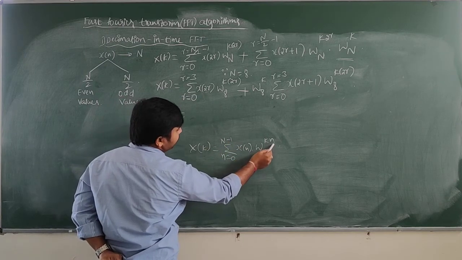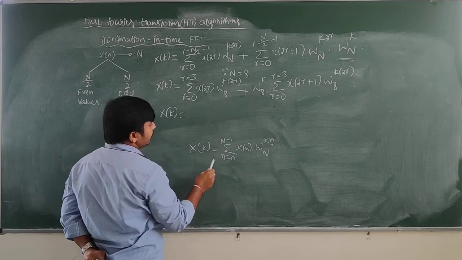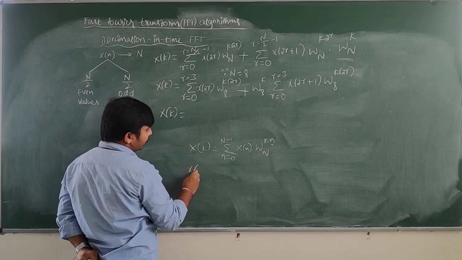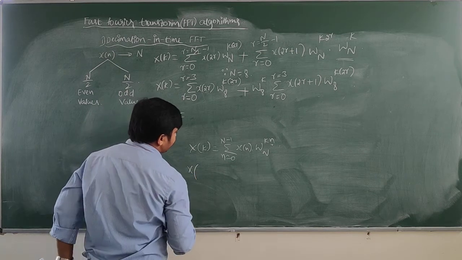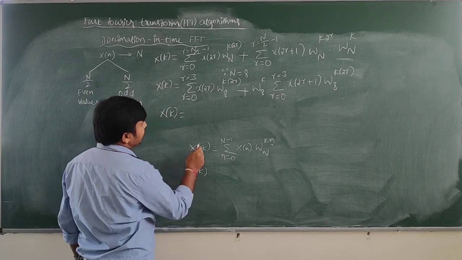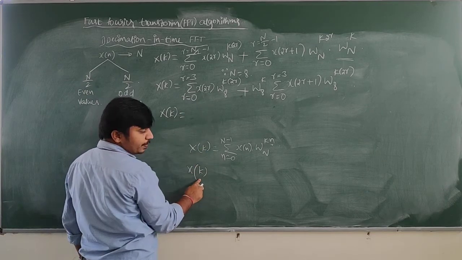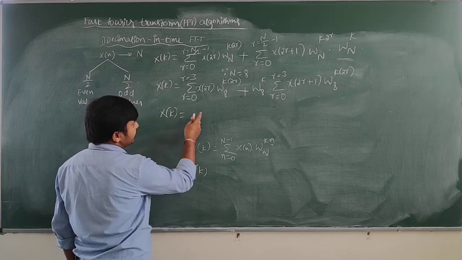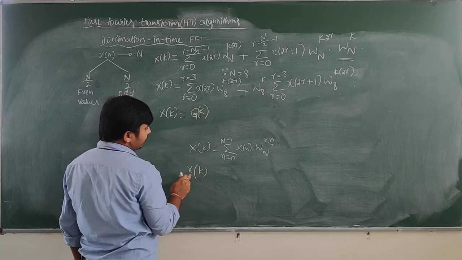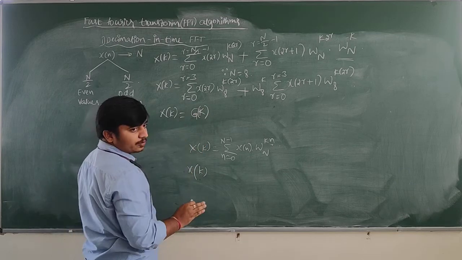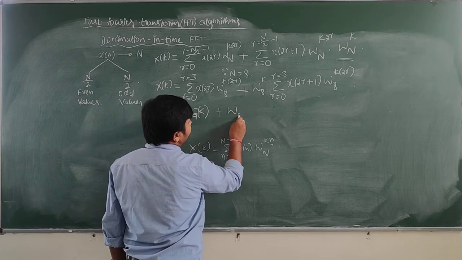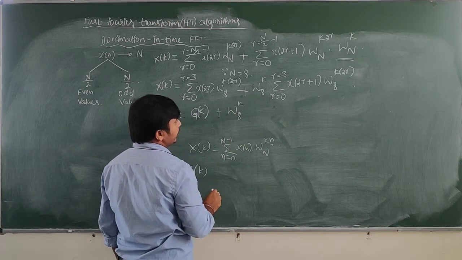So here also in place of this n we have 2r. Therefore we can write this as x of k. Okay. So I will take this as g of k. In place of x of k, I can write it as g of k plus what is there here? W8 power k. Okay, you write it as it is.